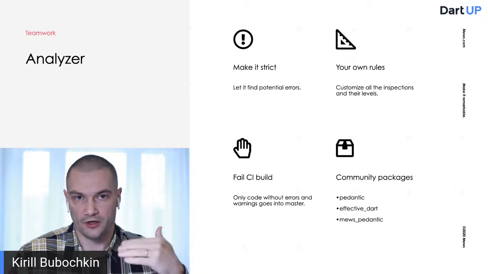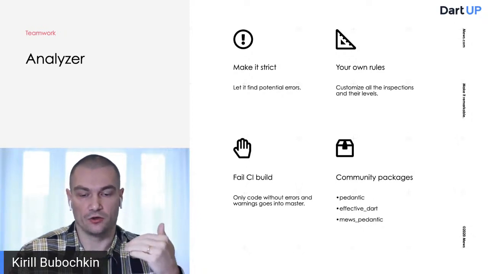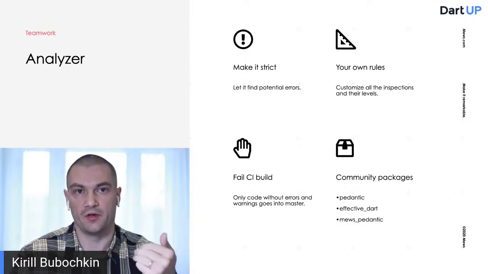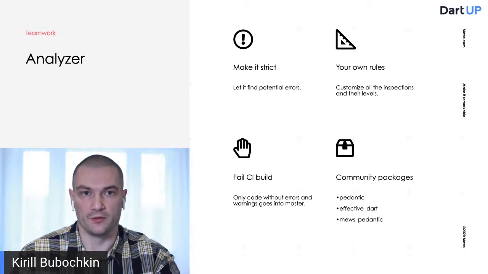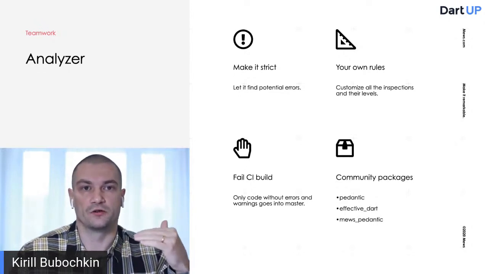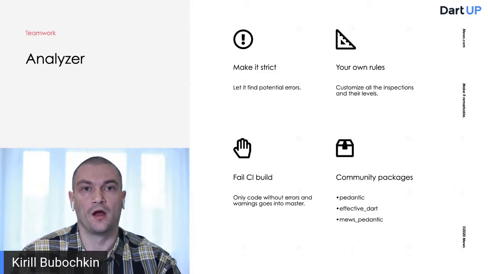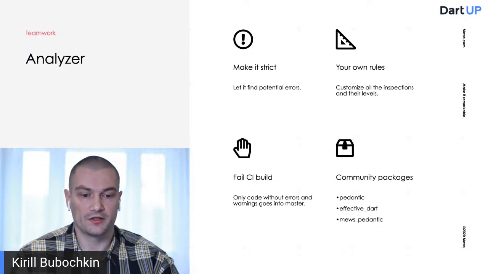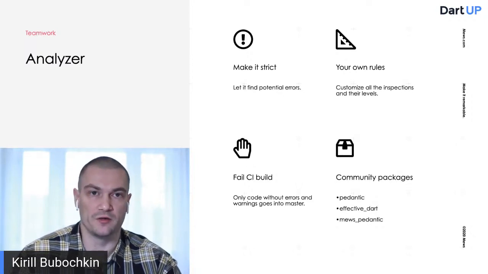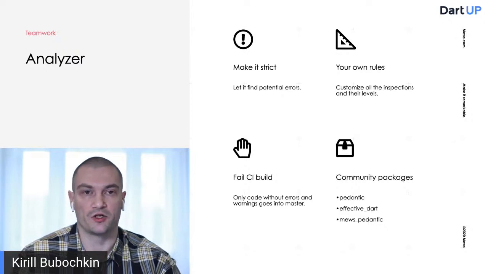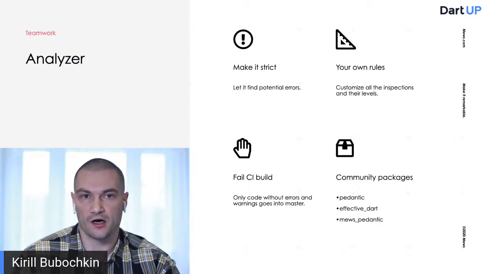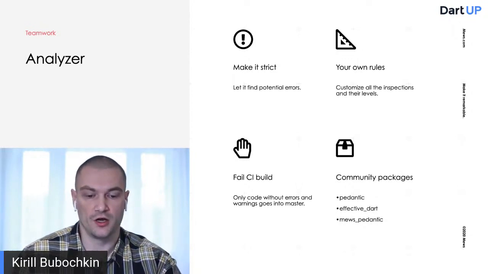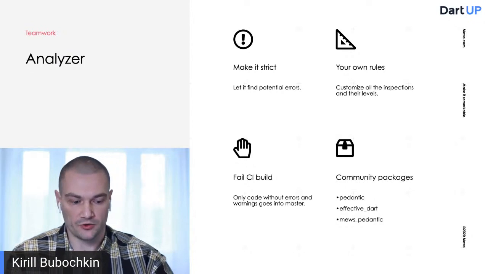But when you're running it on the CI machine, you can set it up in the way that either errors or warnings fail the build, and in the master branch, you will have only the proper code, according to all the rules that you define. And if you don't want to go through all the rules and define your own levels, you can use one of the community packages. It can be the pedantic package from Google, or the effective Dart package with official effective Dart style recommendations, or you can use our Mews pedantic package.